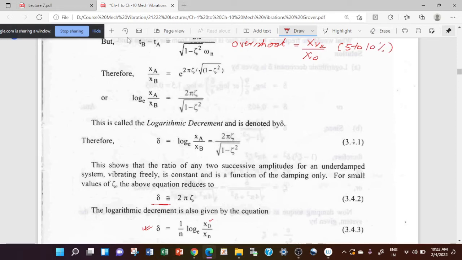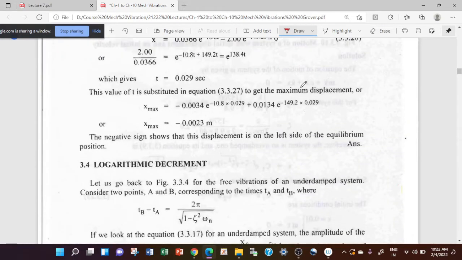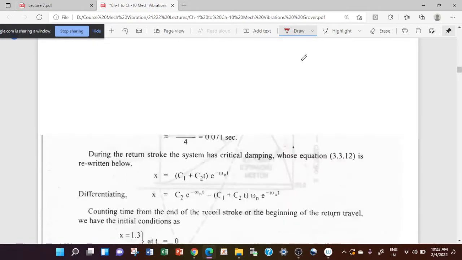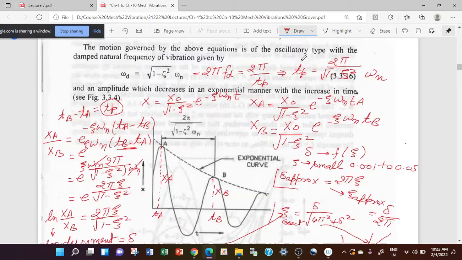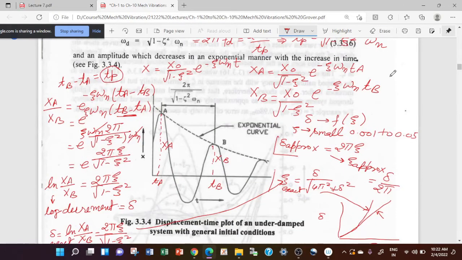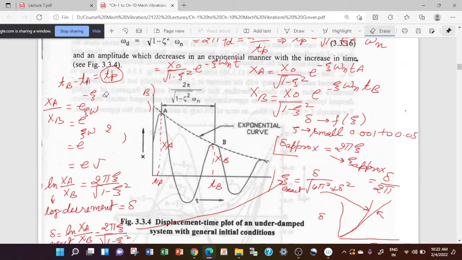So here, if I again go back to that graph, here I can say this is the next one.